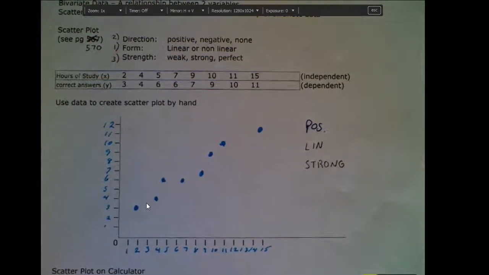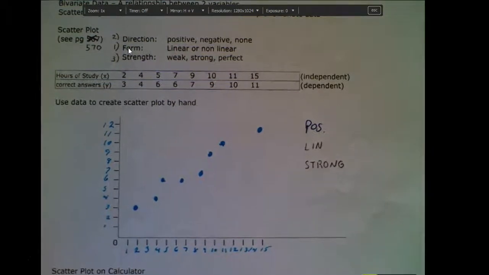The whole purpose of creating a graph when it comes to statistics is to be able to gather information from the graph. And so that's what we're looking at, is now that we have this graph, how can we interpret what we have? There are three ways that we're going to be able to describe this, and I listed them in order right here in the order that you would do them.